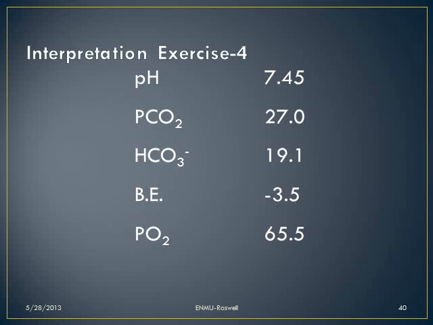Got a pH of 7.45. It's slightly alkalotic. Okay, it's normal, but it's on the alkalotic side of things, so we're going to keep an eye on it. We've got an analyzing mind, so we're going to call it alkalotic, but it's normal. Okay, CO2 27. Does that explain a pH of 7.45? I think it does.